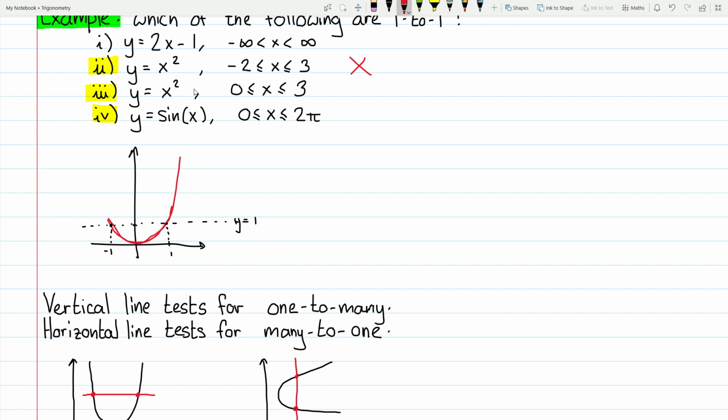But notice on our second situation, we've actually restricted the domain to 0 to 3. And now no matter where we draw our horizontal line, we will only ever intersect 1 or no values.